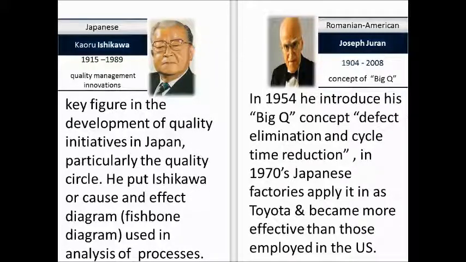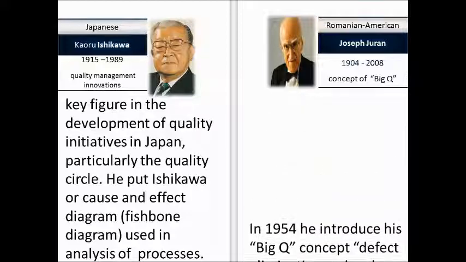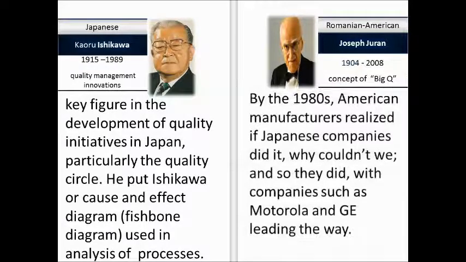In the 1970s, Japanese factories applied his principles and became more effective than American companies. So in the 80s, American manufacturers realized that if the Japanese apply Juran's principles, why are we not? They started to apply them in Motorola and General Electric, and improved their work.